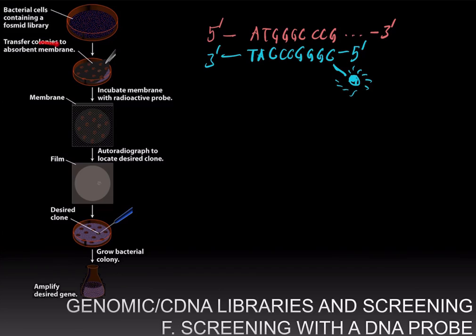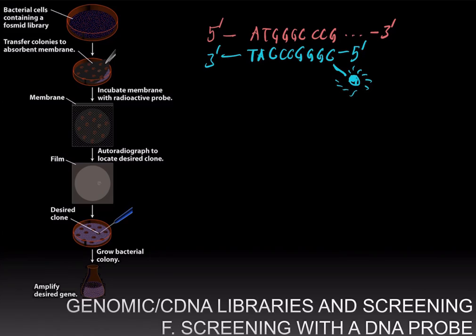We can take the bacterial cells of our library and plate them and let them grow overnight. And when they grow overnight, they will form these colonies, each colony being cells that are descended from a single clone, and therefore all the cells in the colony contain the vector corresponding to one DNA or cDNA fragment.